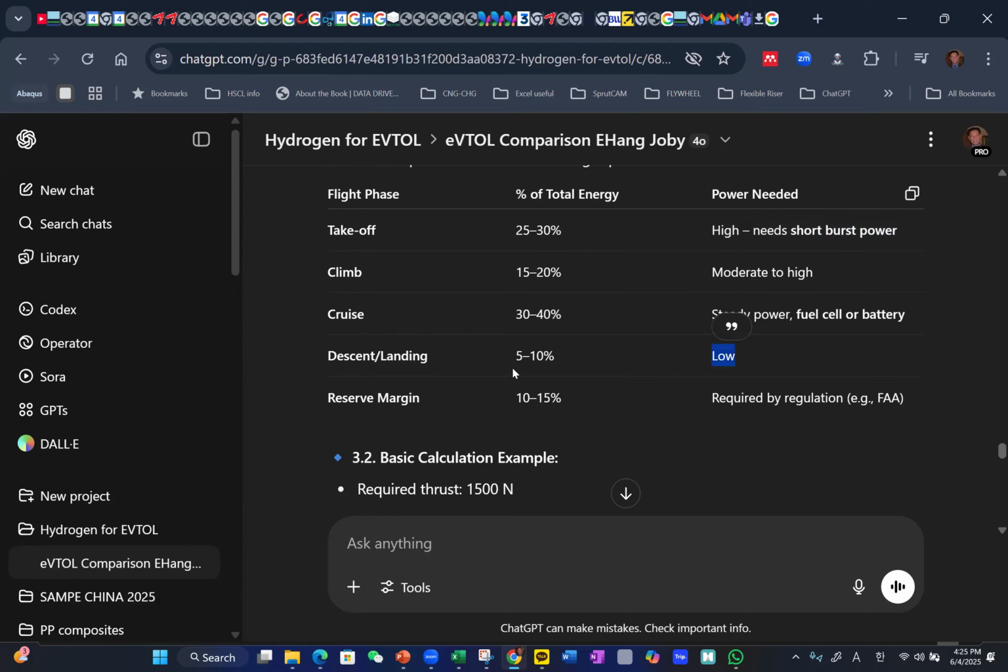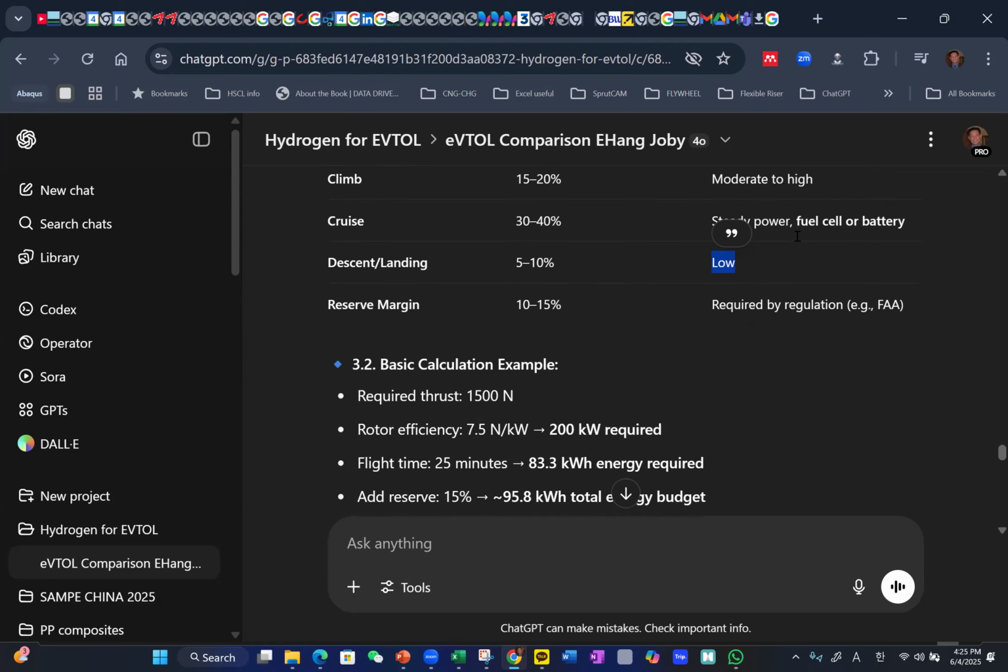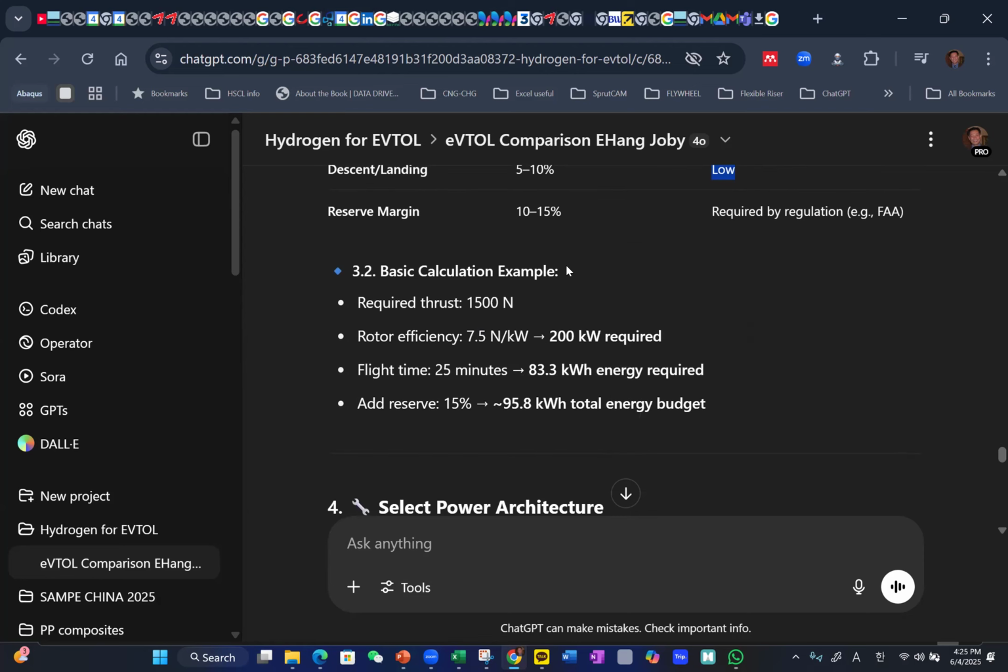The reason is that the self weight will be the one helping during descending and landing. So again, when you design the power of the fuel cell, you need to consider takeoff, and that is the very critical one.